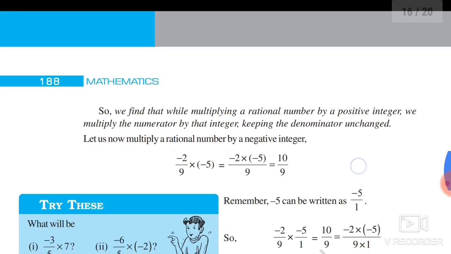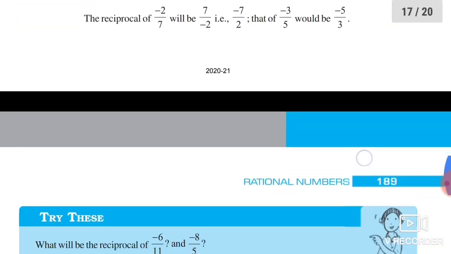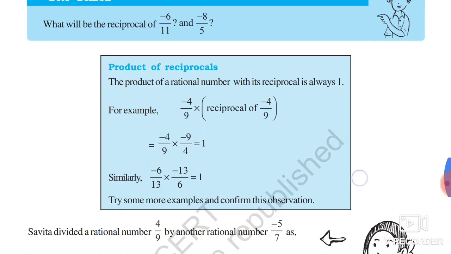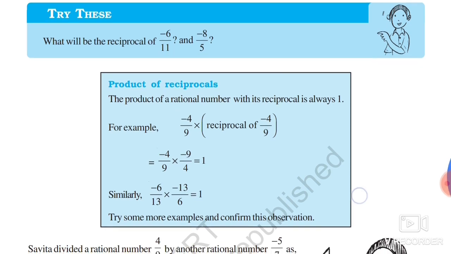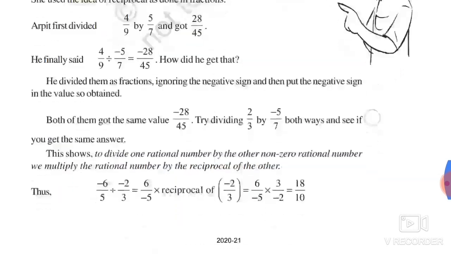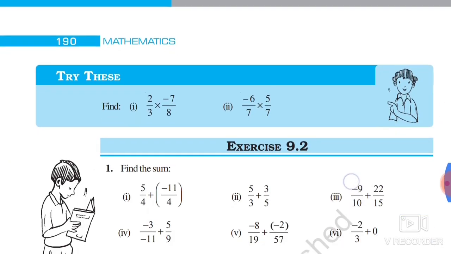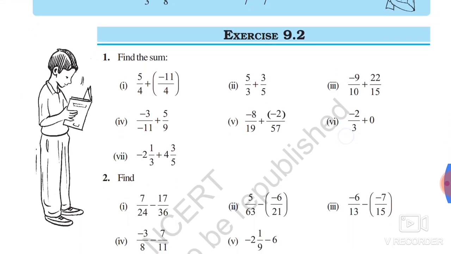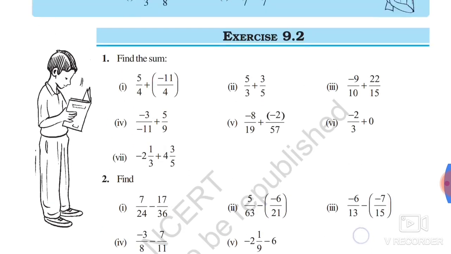Some questions are given for multiplication. Once again, if you want, you can practice this exercise 9.2. It is good to have a revision. Let us see one question for consideration. How do we do it? First we write minus 2 by 13, and we write the multiplication sign.